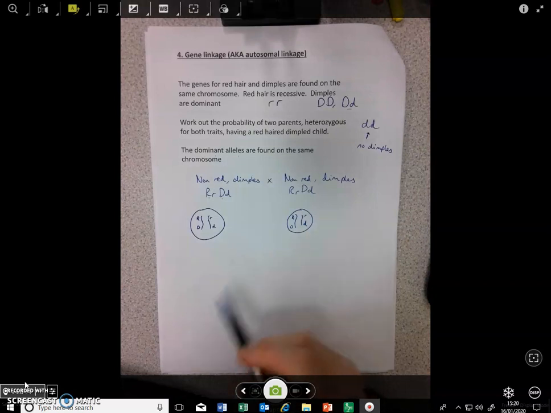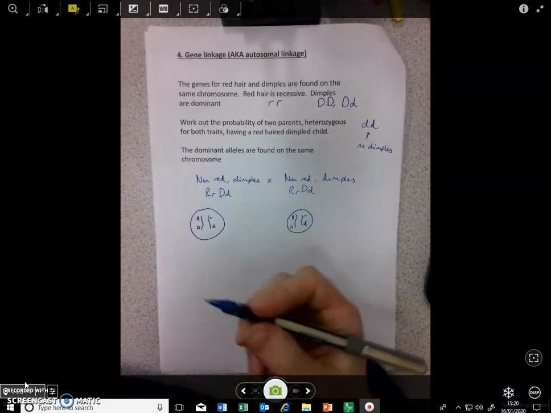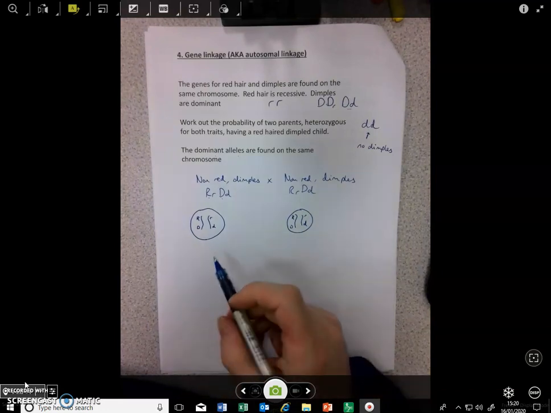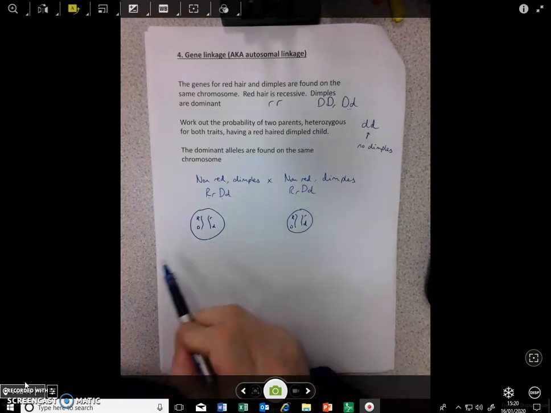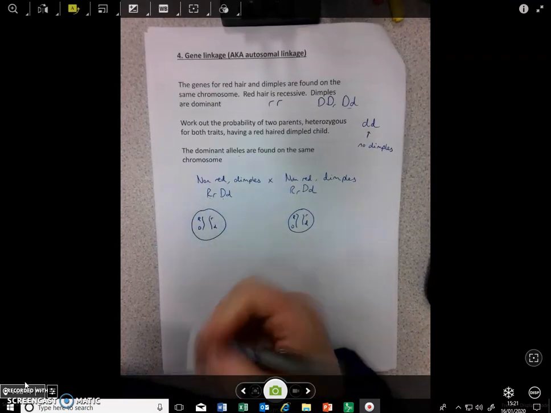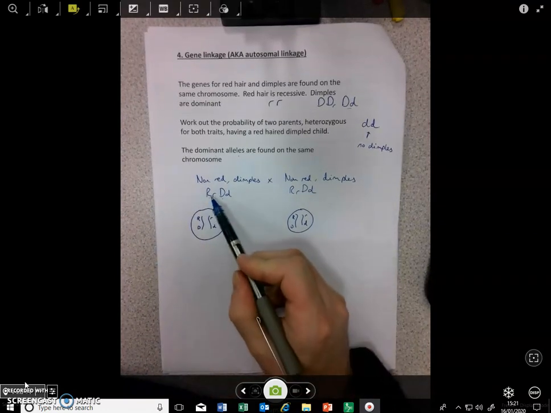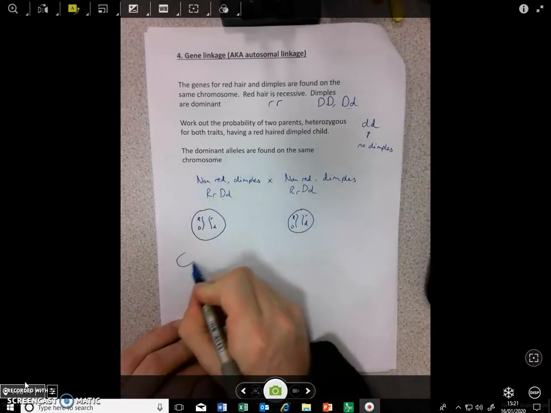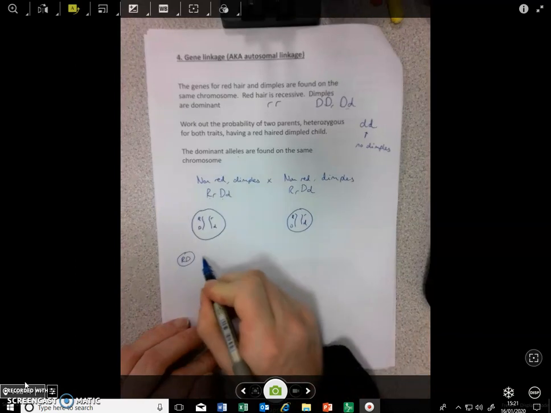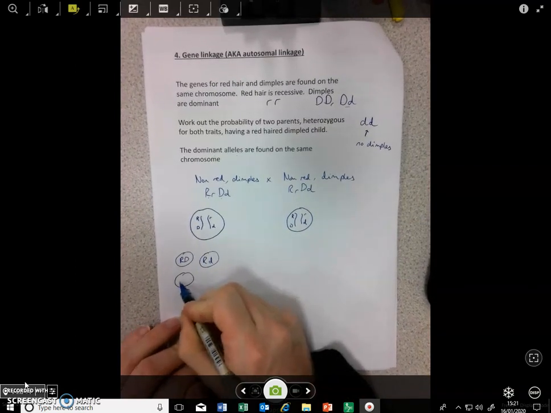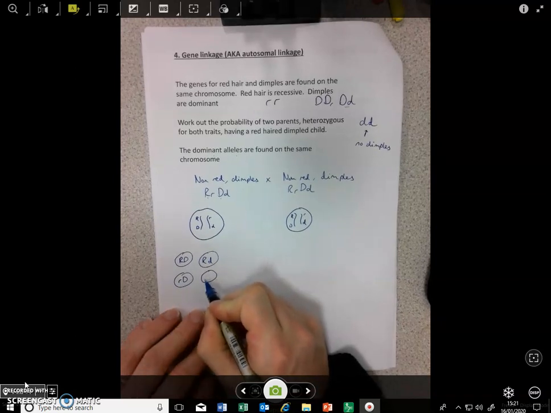This means that when these cells undergo meiosis, instead of getting the usual variety of gametes that you get from a dihybrid cross, we're going to be a bit limited. Normally, with two traits, you would be able to make 4 different gametes. So normally what you would do is you say, okay, well we could have that, we could have that, we could have that, and we could have that.